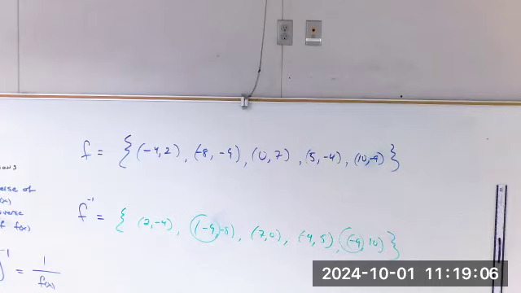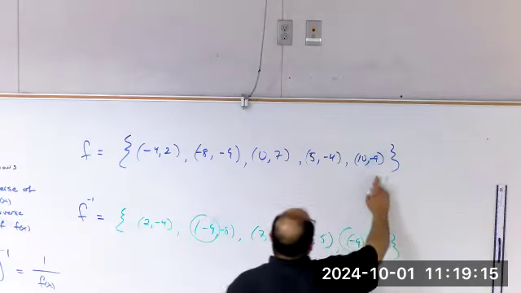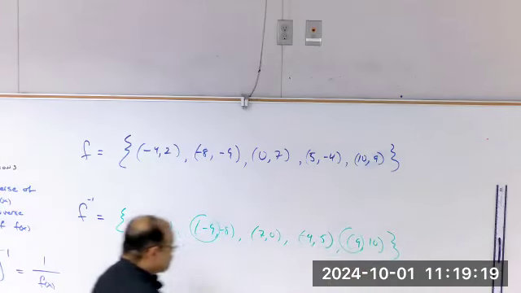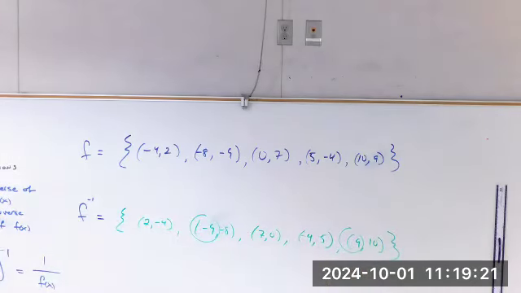But for everything else, we can't have one. Okay? So if this was going to have an inverse, let's make that positive 9, then we're okay. Nobody repeats. So in order for a function to have an inverse, x and y both cannot repeat. That's the rule.